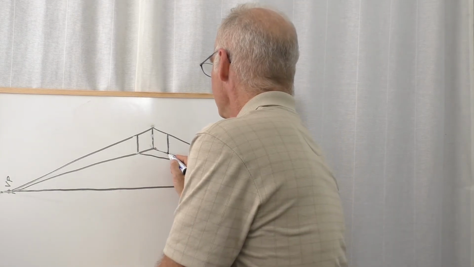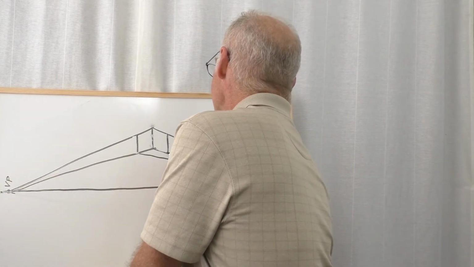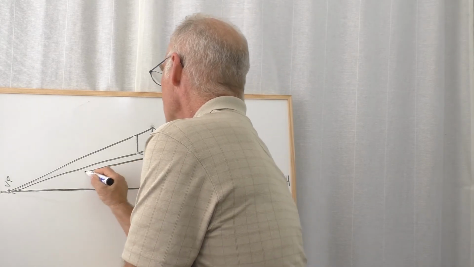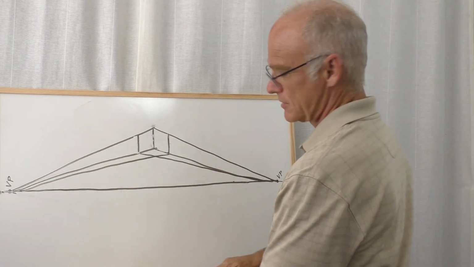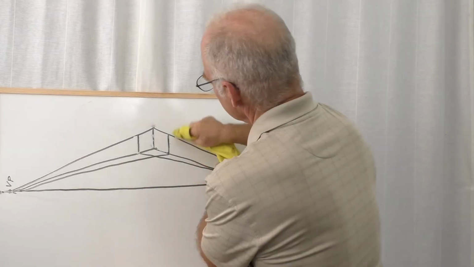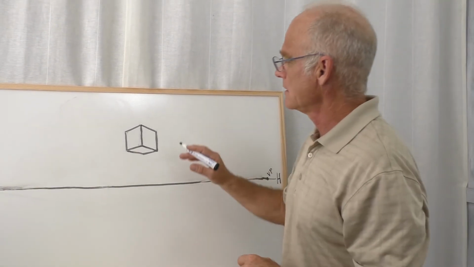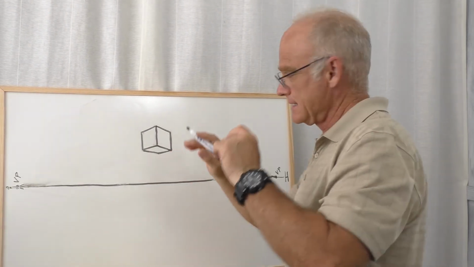And this point goes to a vanishing point on the other side. Okay, I'm going to clean that up. Okay, there's a cube floating in space.